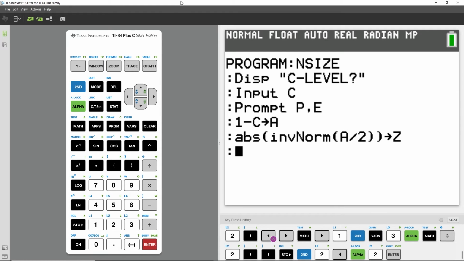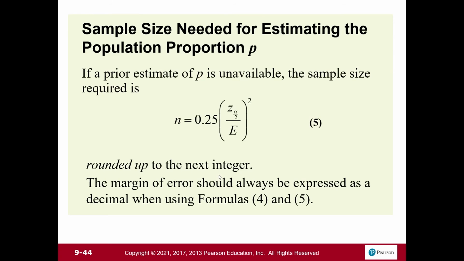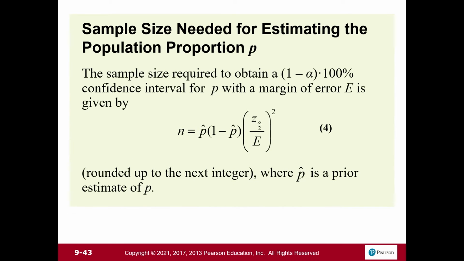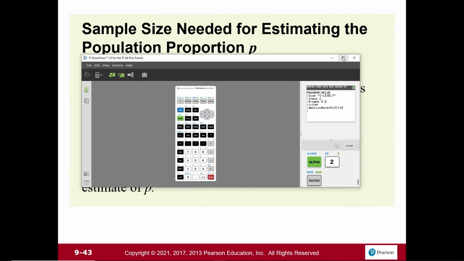Now all we got to do is enter in the formula. And we do need the correct formula at this point. So n is equal to, we have our formula right here.